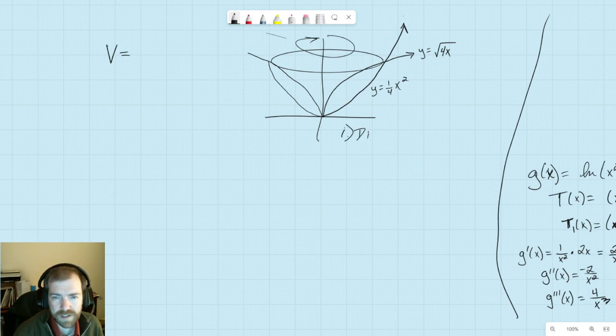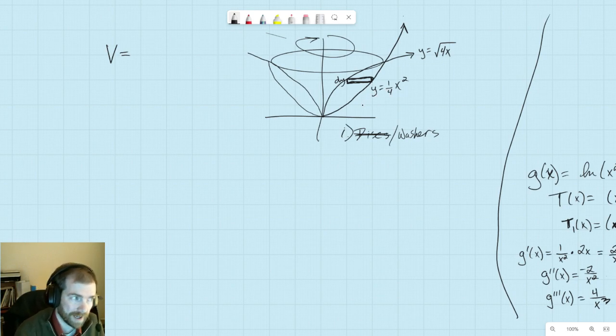So one is going to be discs, right? Or in this case, washers. Just going to have you go this way. All right, you've got your dy, and you've got your function, which is going to be the other way. So these are going to be inverse functions of these things. They have to be functions of y in order to find out what the top and bottom are going to be.